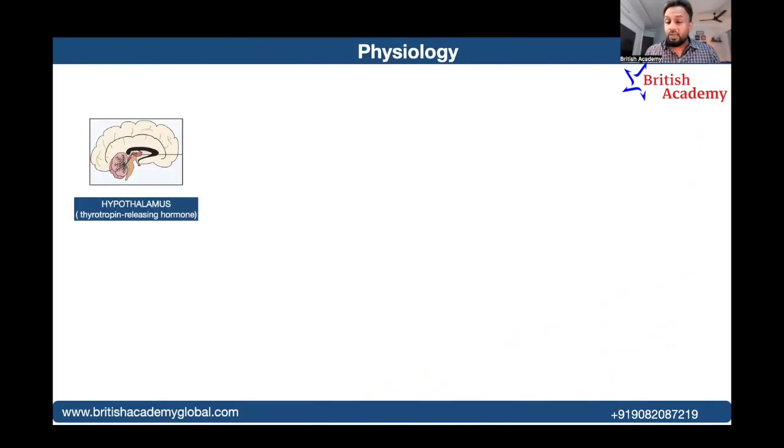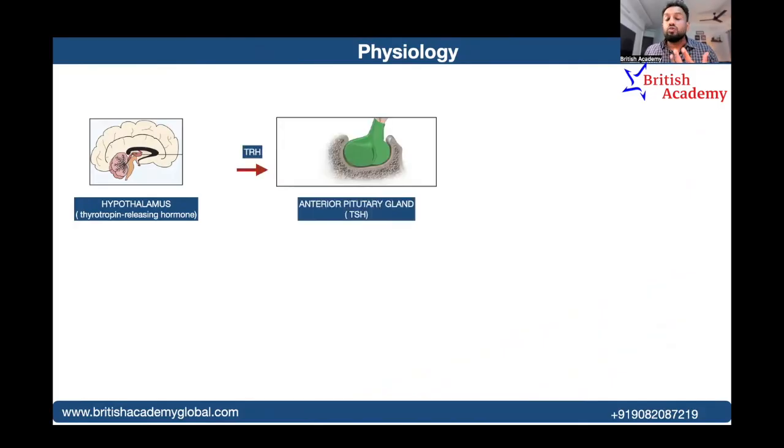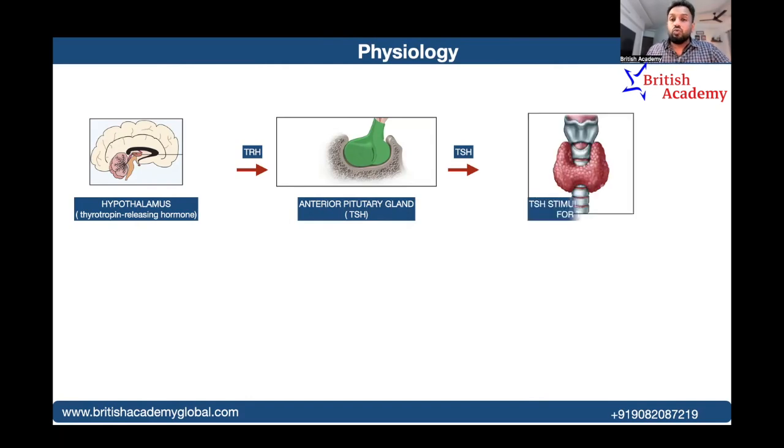We know the hypothalamus is responsible for controlling the temperature in our body. Now, how does it do that? The hypothalamus generates a hormone known as thyrotropin releasing hormone, which stimulates your pituitary gland. When the pituitary gland is stimulated, it releases thyroid stimulating hormone. And this thyroid stimulating hormone stimulates the thyroid gland to produce T3 and T4.